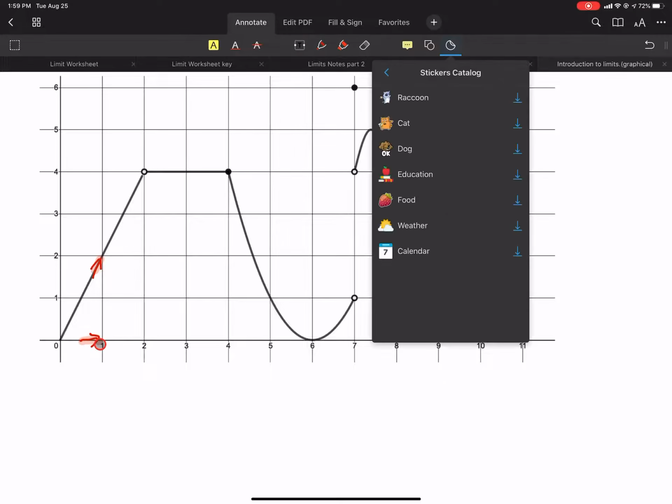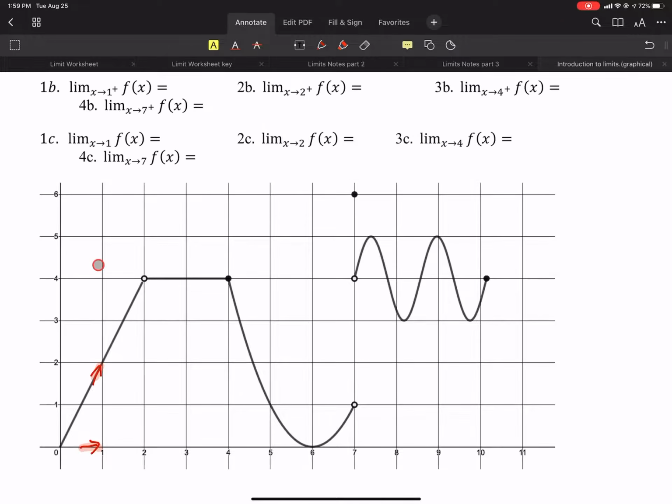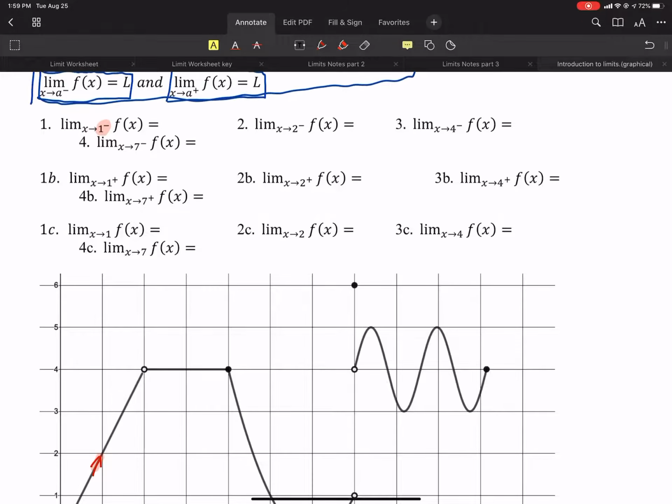So to find out the y value, I need to go on my graph. The y value as I move from the left clearly is 2. So I'm going to put a 2 there. Bam.